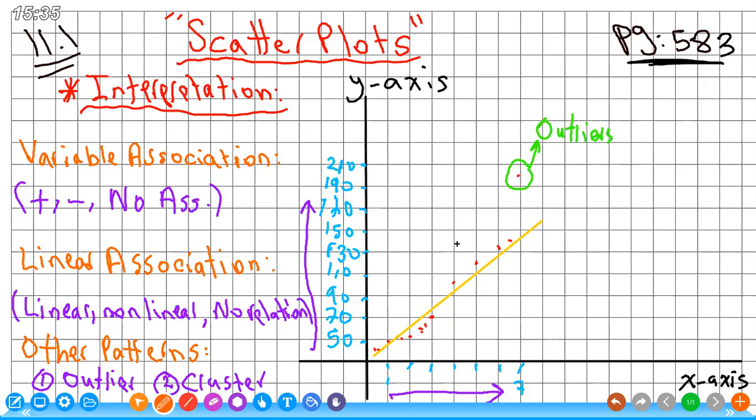Okay, and we also have something called cluster points. Cluster points is the gathering of points in a small area like this one. Look, if you notice here at the beginning, there are a lot of points: 1, 2, 3, 4, 5, 6, 7, 8. I have 10 points. It's really crowded in here, between 0 and 3 hours, and between 0 and around 70.